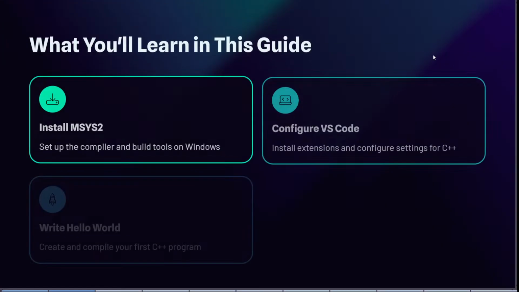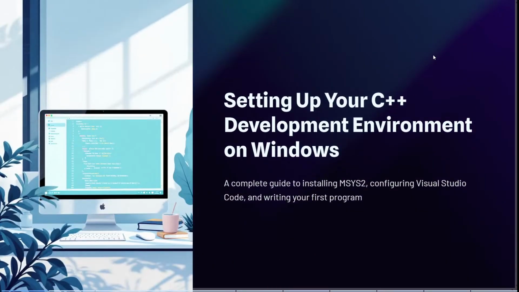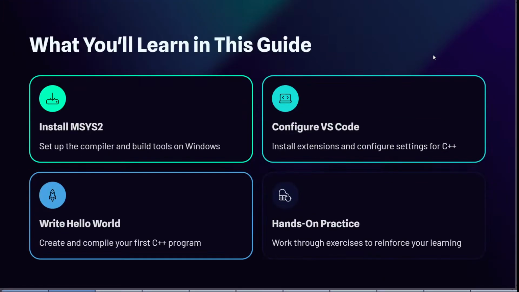All right. Now in this, what you'll learn is basically how to set up your environment using MSYS2. You're going to install it, and once you install it, you're going to use it to set up your compilers and some other build tools for C++ and C as well, because when you install the build tools for C++, it comes with the GCC compiler for C also.